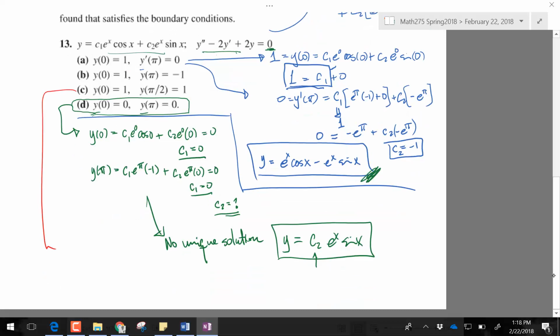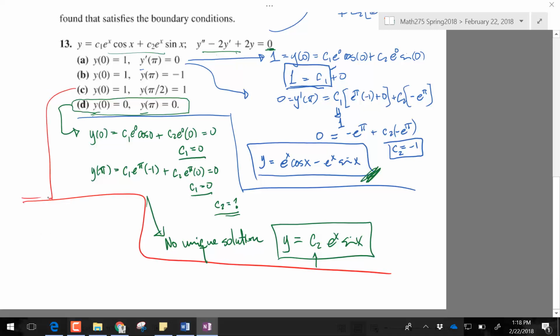Oh, we don't have any more room. All right, let's see. y of 0 is equal to 1. So y of 0 is equal to cosine of 0 is 1, right? So this is c1 e to the 0 cosine of 0 plus 0, and that's supposed to equal 1.